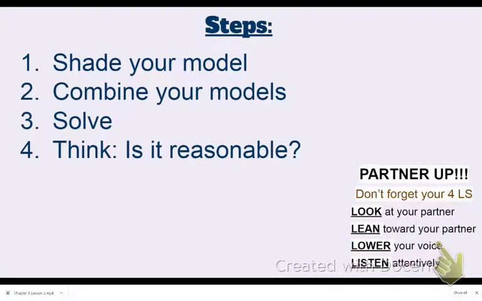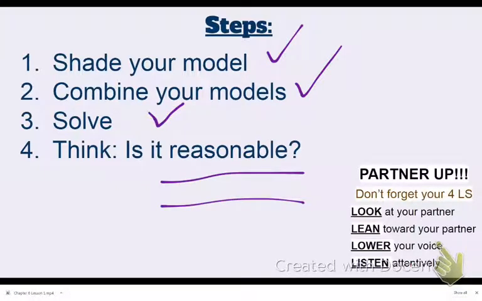All right, Bobcats, here's the steps for our lesson today. Step 1, we're going to color in or shade the model. We're going to go ahead and show what we have. Then after we have colored in or shaded the value, we can combine, we can put them together to solve. And we have to think, is it reasonable?